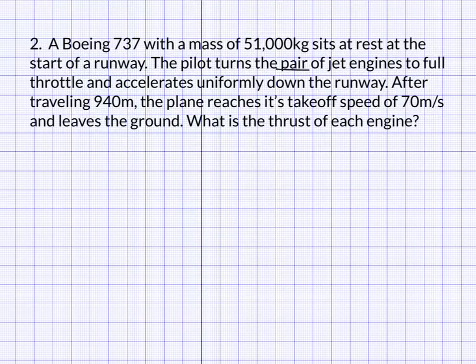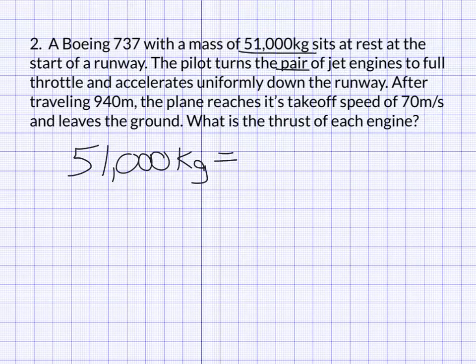Okay. Well, let's write down some givens. I see 51,000 kilograms, or 51 megagrams if you prefer. Love us some prefixes. 51,000 kilograms, and that is the mass of this plane. Plane and passengers and cargo all together. It accelerates down the runway.